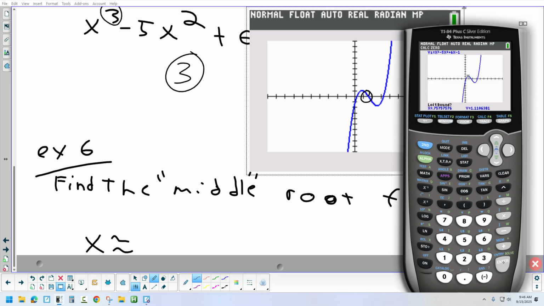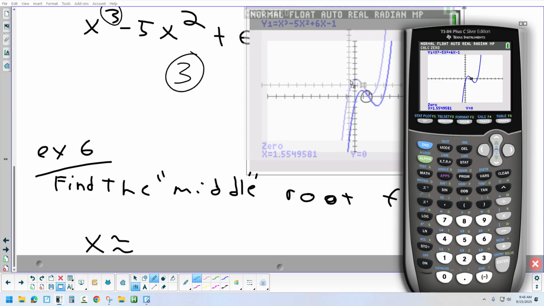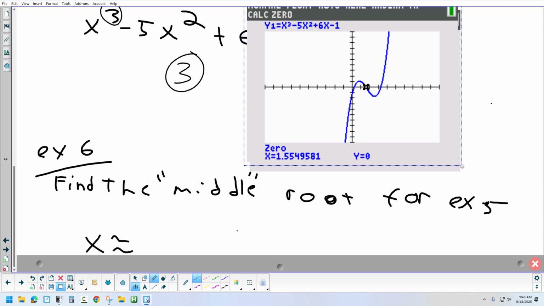And then you pick your point to the left, go to the right, do your guess. And if you've done that right, that's a root at 1.55. As far as rounding, we do a lot of rounding to either 2 or 3 decimal places. I will always make sure I clarify on the test how many decimals. For homework, you could do 2. That's fine.